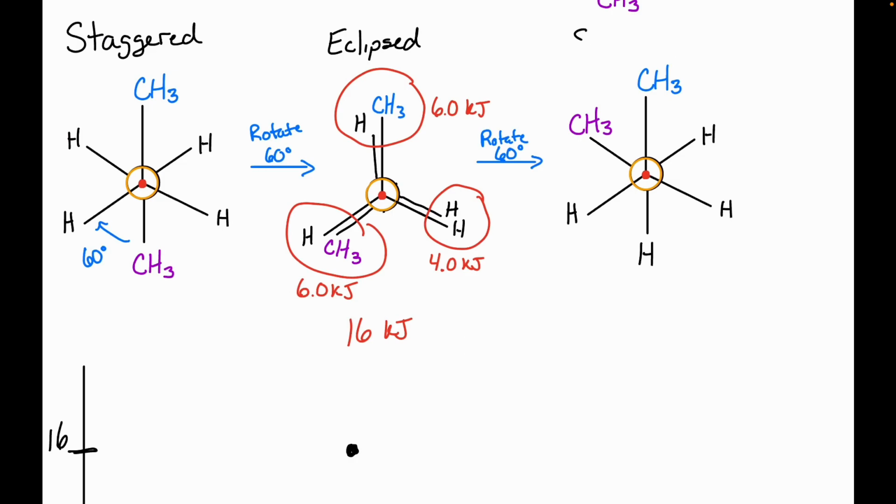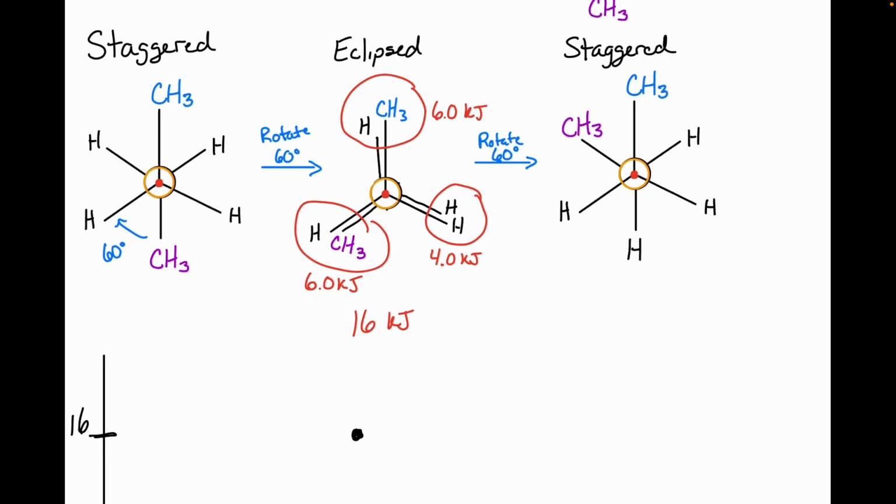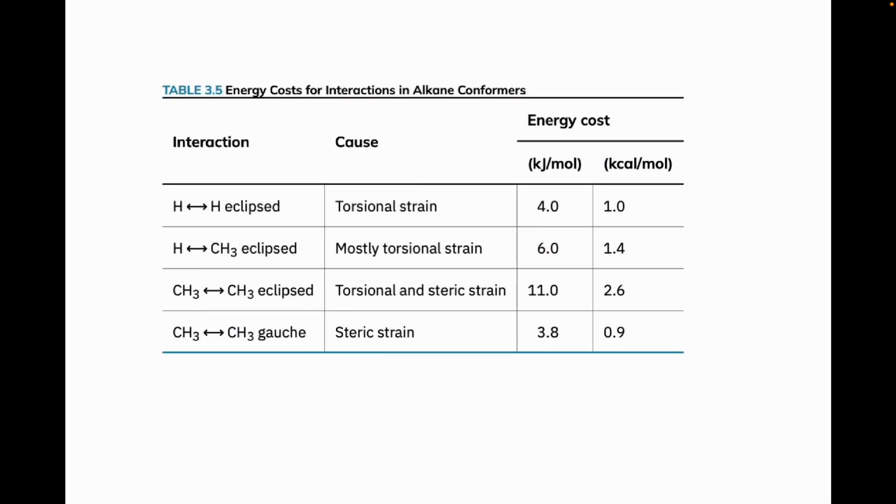Okay, so now we're back to another staggered structure. But now these two methyl groups are sitting really close to one another. Right? We're staggered, but those methyl groups are in what's called a gauche conformation here. If we look at our chart, we have this energy penalty for a methyl-methyl gauche conformation.